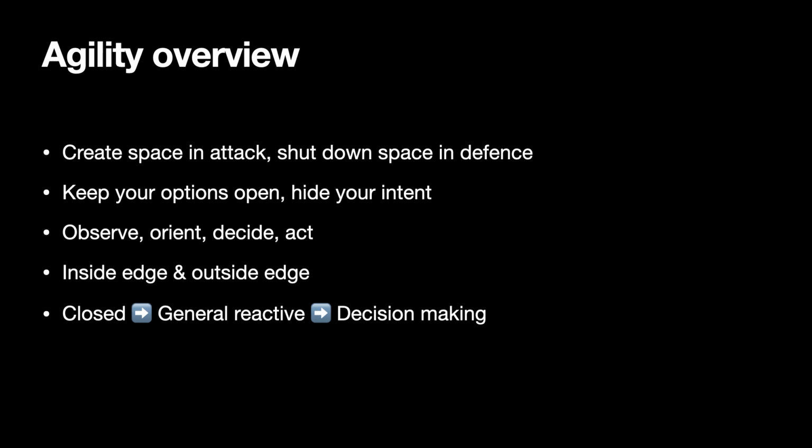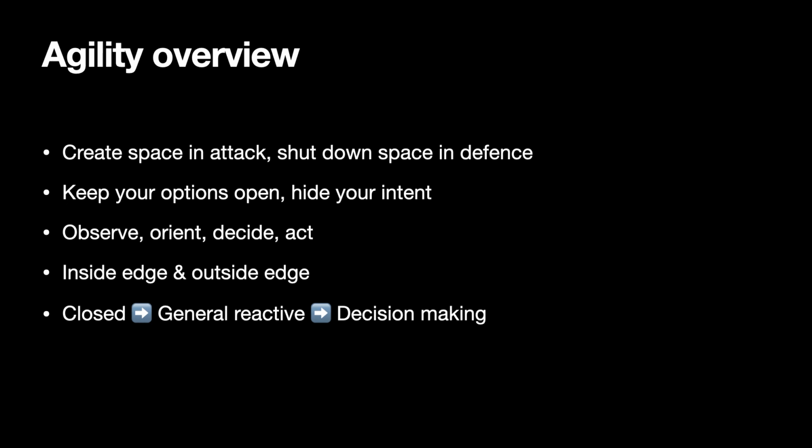So what you need to keep in your mind when you implement this template, especially in the decision-making phase, is that you need to hide your intent and misdirect and keep your options open so that you can react quickly to the environment that's unfolding in front of you.